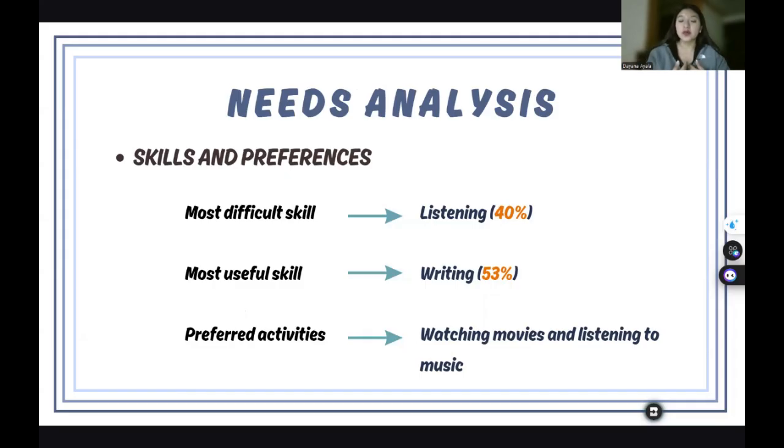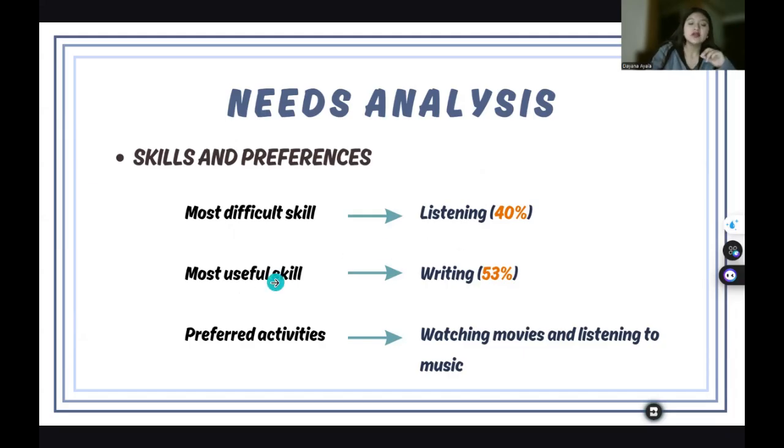Also, I included some questions about what activities they prefer in a speaking class, and how they prefer to improve their writing, maybe by writing summaries or emails. It helped me adapt my content and activities based on their needs. As you can see here, we have the most difficult skill: 40% of students consider that listening is the most difficult.